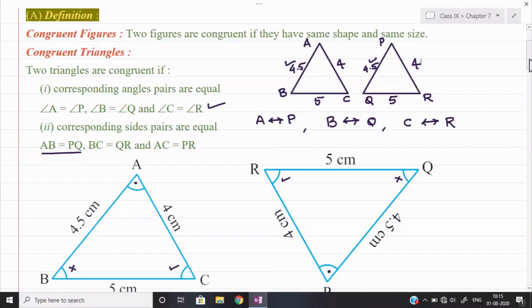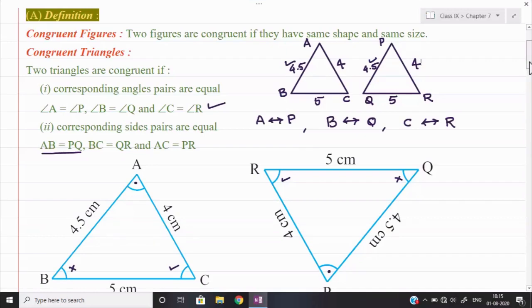We can prove some sides and some angles, maybe 2 sides and 1 angle, or 2 angles and 1 side, and that method is defined under the congruency criteria that we are going to study now.